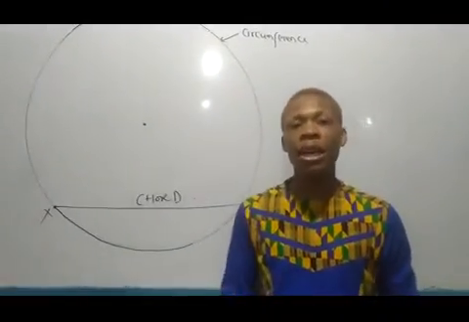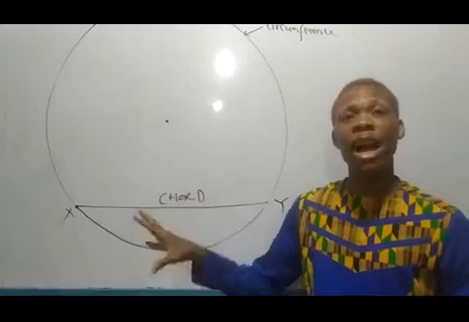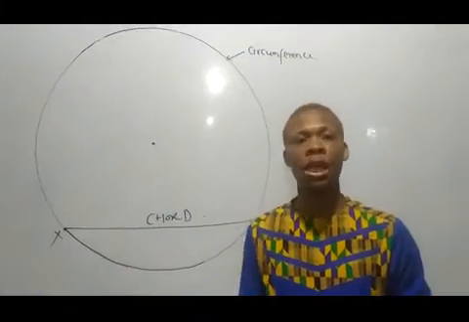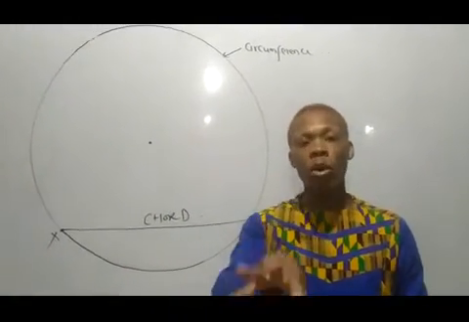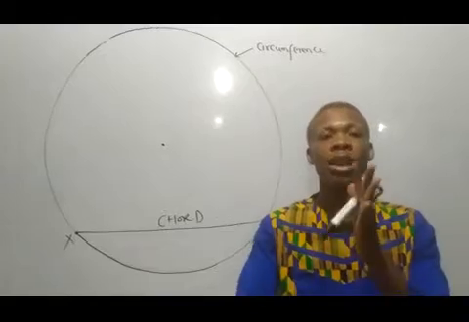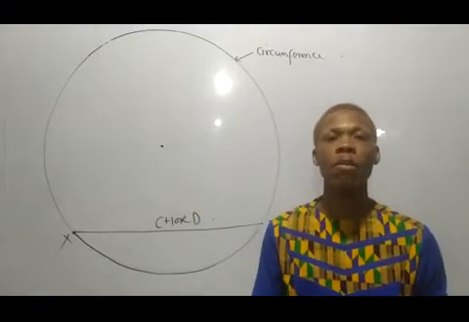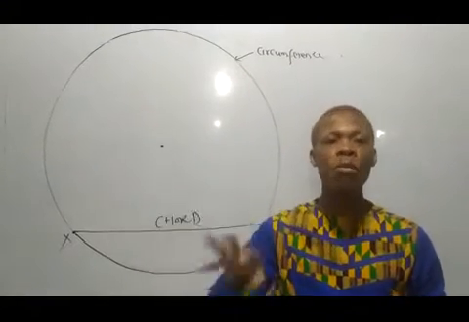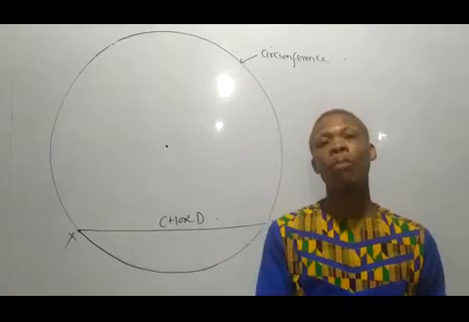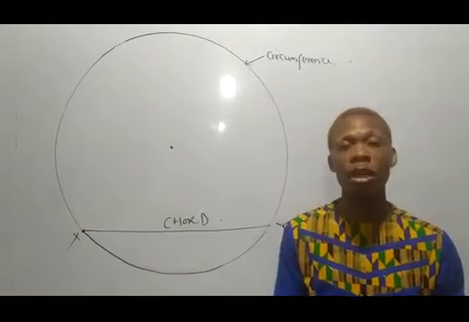I explained further that the chord divides the circle into segments. So anytime you bring a chord into a circle, it breaks the circle into two so that you have segments. Now the bigger portion is called the major segment, and the smaller portion is called the minor segment.